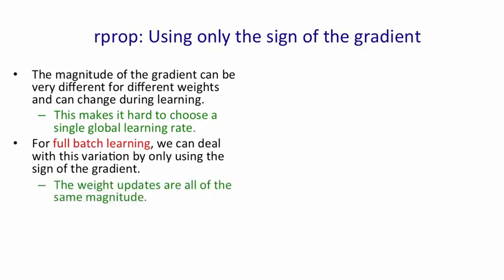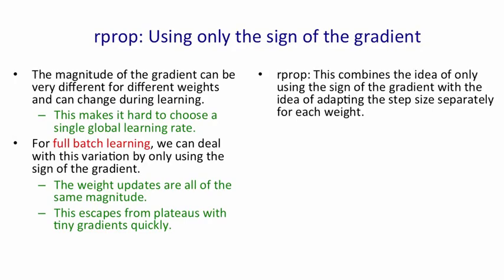That makes all of the weight updates be the same size. For issues like escaping from plateaus with very small gradients, this is a great technique, because even with tiny gradients we'll take quite big steps. We couldn't achieve that just by turning up the learning rate, because then the steps we took for weights that had big gradients would be much too big.